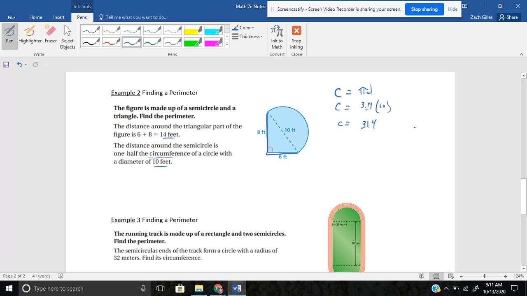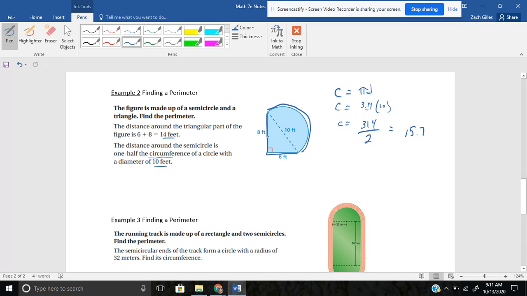And that would be the circumference of the entire circle, remember. So we only need the semicircle, so we can take 31.4 and lastly divide that by 2, which would give you 15.7 for this region on the outside.